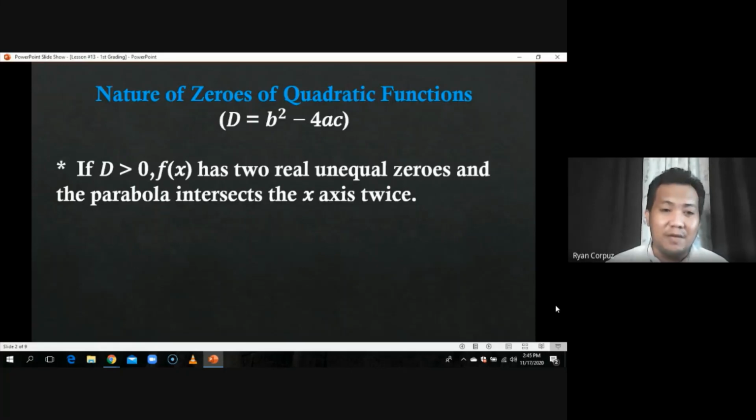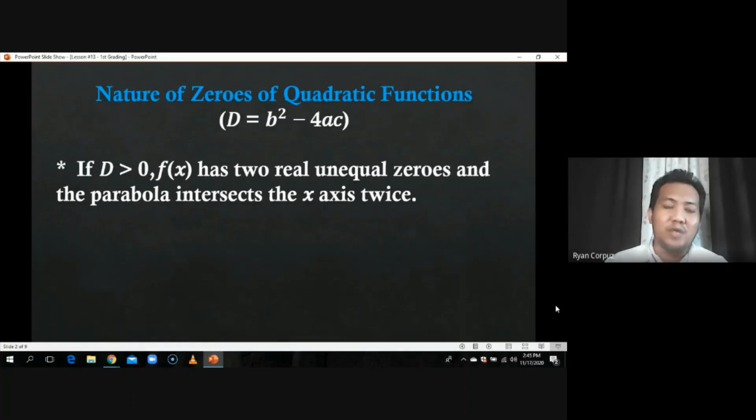So, ibig sabihin, this nature means that when you solve for the discriminant of a given quadratic function and you get a value greater than 0, meaning a positive number, meron siyang two real and equal zeros.